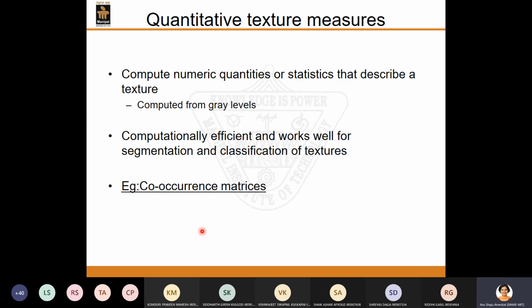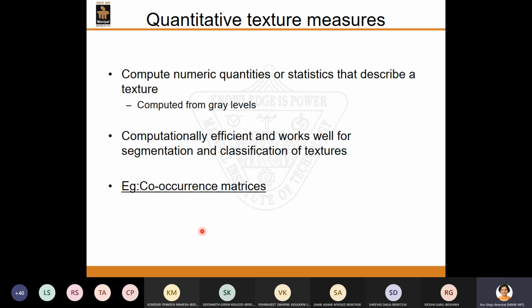For example, the simplest texture feature which you can think of is the histogram features. So histogram, as you know, is just taking the histogram of the image pixels which are present in an image, right? Now, once you have the histogram, you can calculate the mean or the standard deviation or the skew, etc., of the histogram.